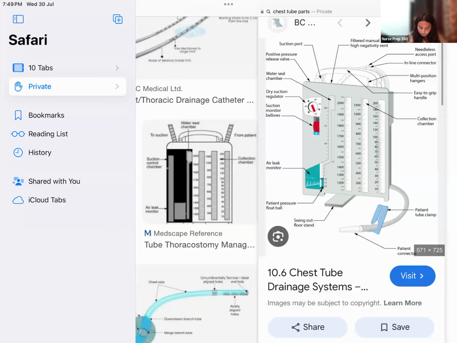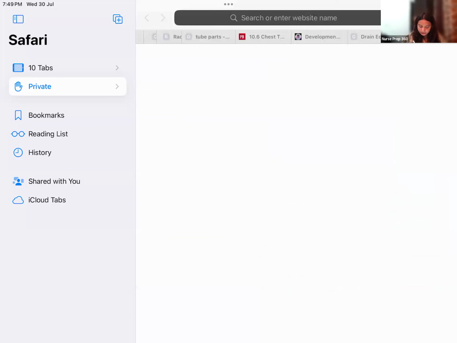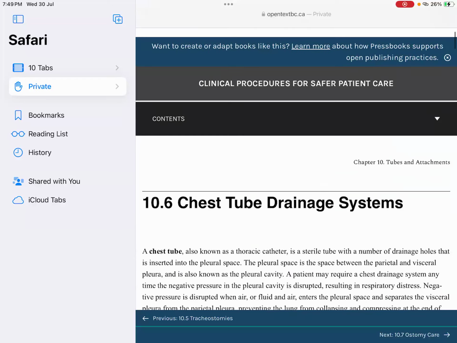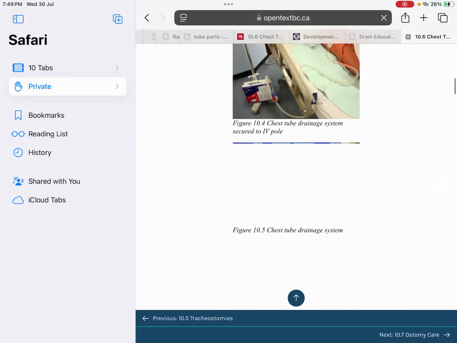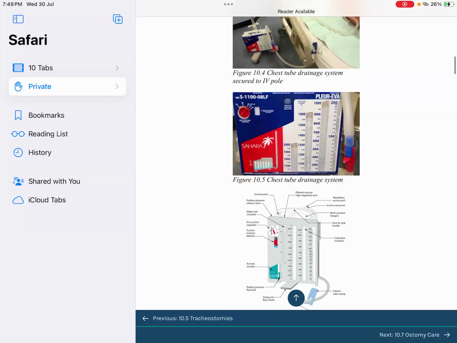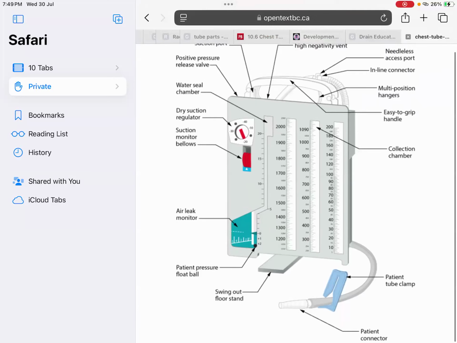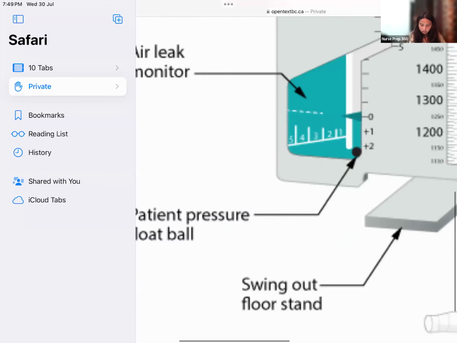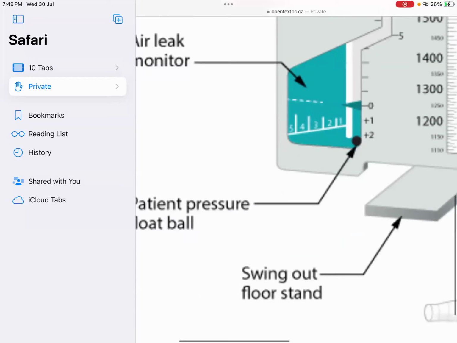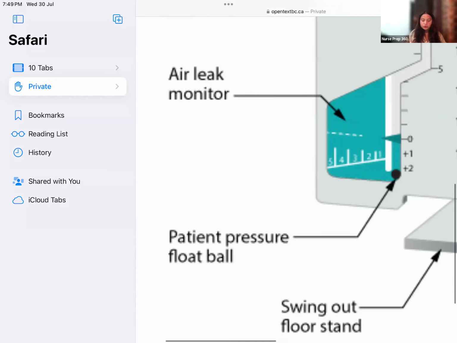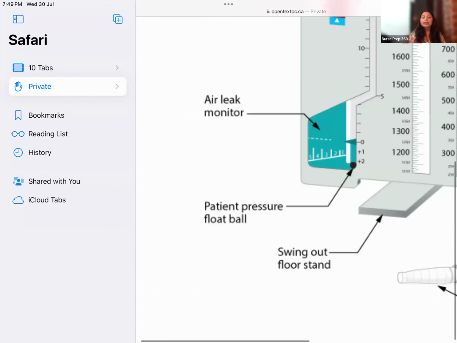This small chamber over here, can you see this? Can you see the black colored dot over here? It goes up, it goes down. So the pressure float ball also goes up and down. So tidaling, this is what we want.